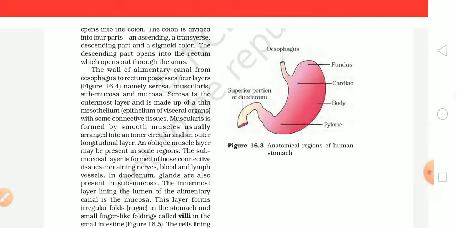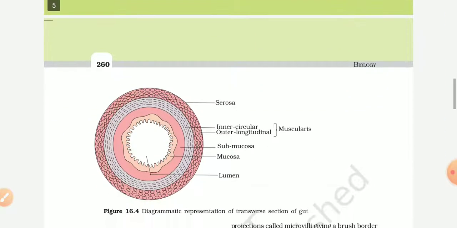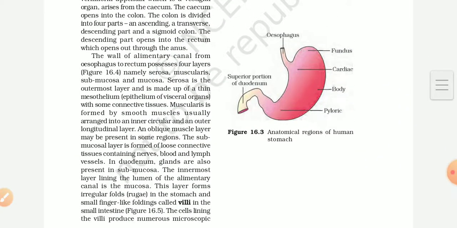Then we'll see the wall of the alimentary canal. From the esophagus to the rectum, it possesses four layers, namely serosa, muscularis, submucosa and mucosa. This is also described with the help of a picture, and we'll see that later.